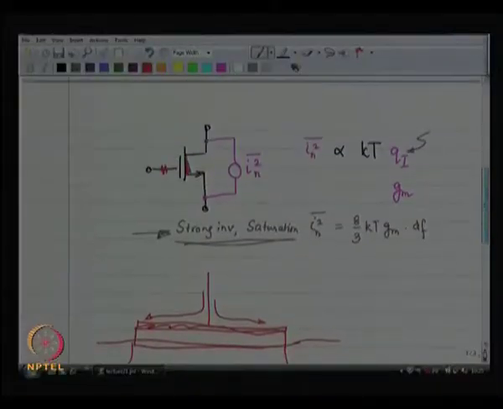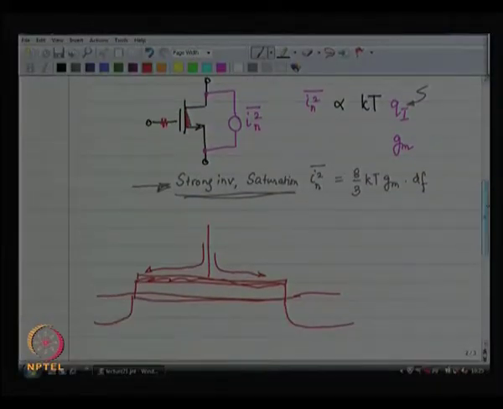It develops a random noise voltage because the material is resistive, and that can be modeled as 4 kT times the resistance. So, it is possible to model it in this fashion.